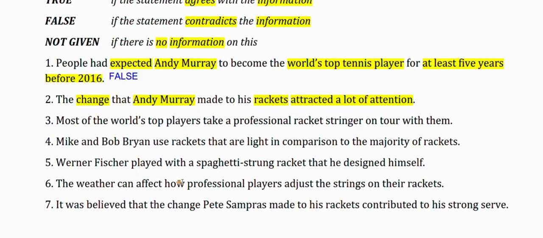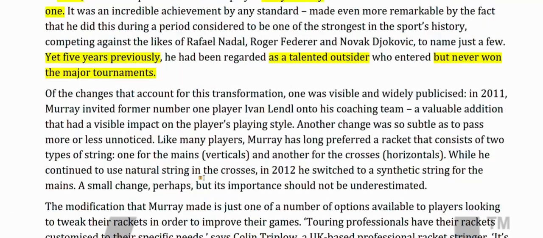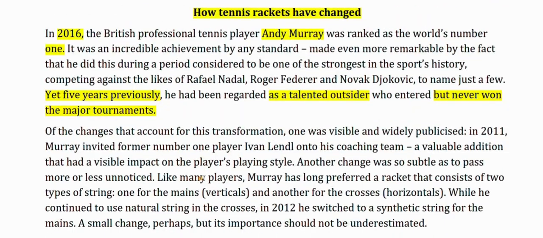Or if there is no mention of how much attention was attracted, there may be mention of some attention, but whether it was a lot or a little, if there is no mention of that particular information, we will say not given. So the true false questions go one after the other, the answer of the second will always be independent of the one before. We do not have to worry about what was written before.